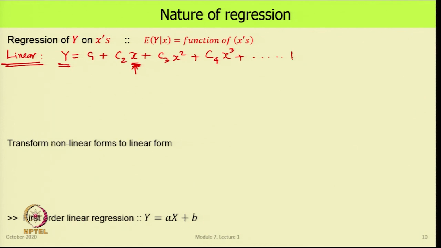To give an example of a nonlinear one, we could have y is equal to C1 plus C2 x1, y1. So, this is for two variables. Then there could be other possibilities. We could have that y is equal to C1 times x to the power C2.